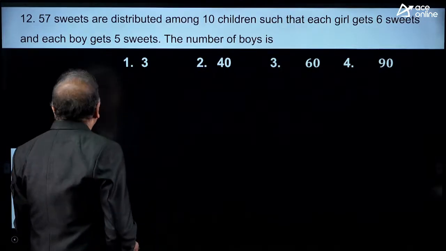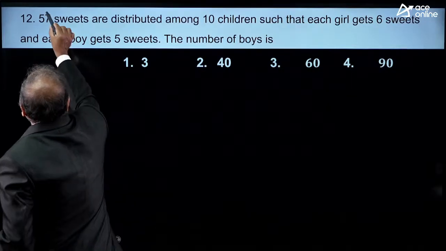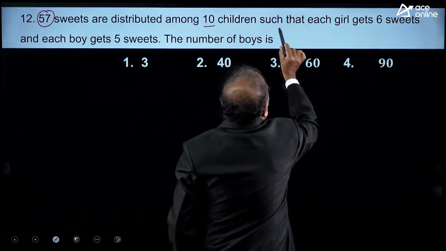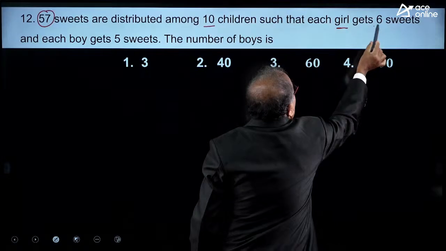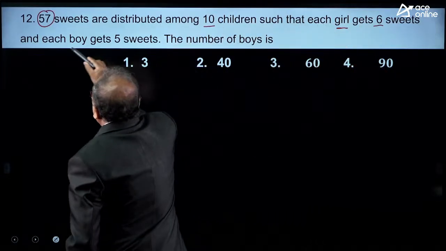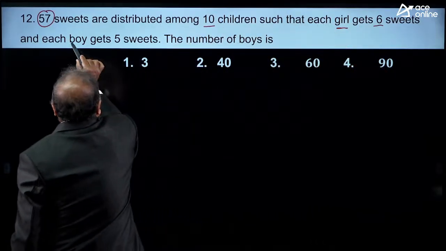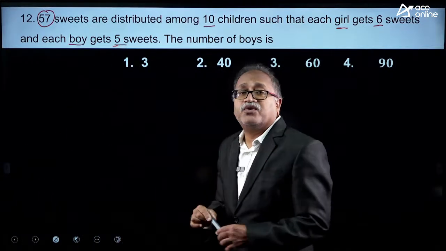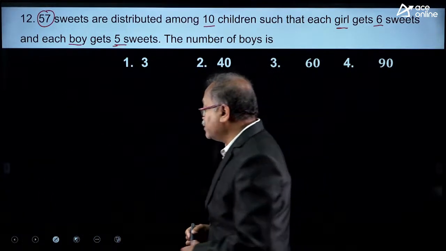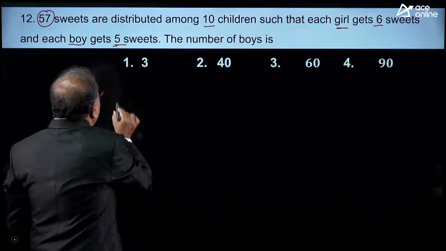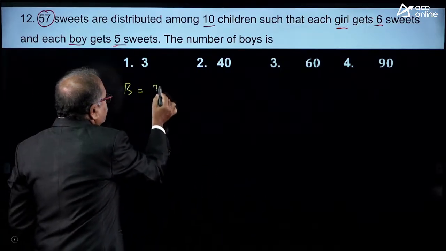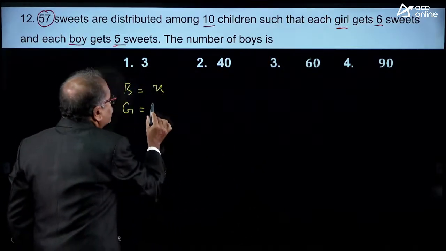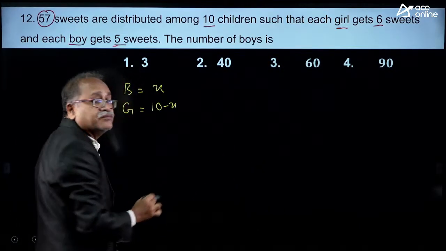What is this question? Here it says that 57 sweets are distributed among 10 children such that each girl gets 6 sweets and each boy gets 5 sweets. So find the number of boys. There are 2 ways I can answer the question. If the number of boys is x, then what is the number of girls? The total is 10, so the girls are 10 minus x.